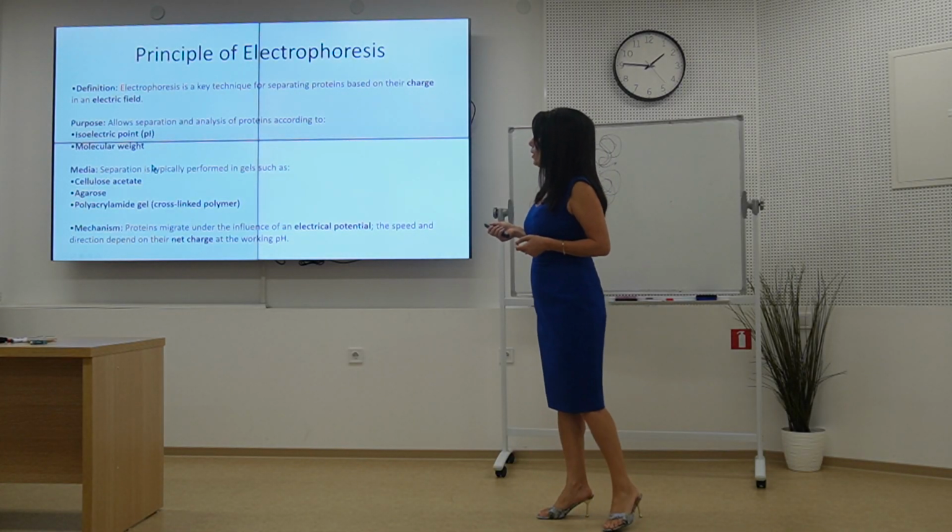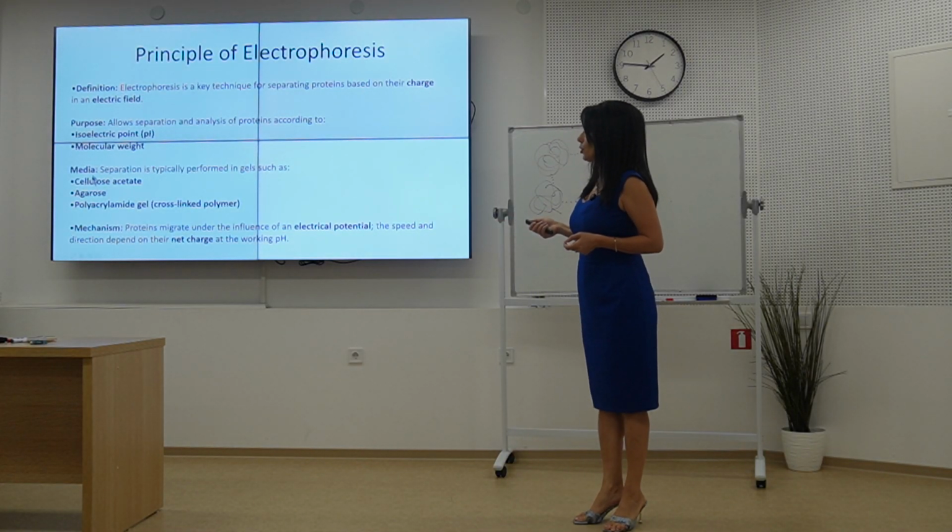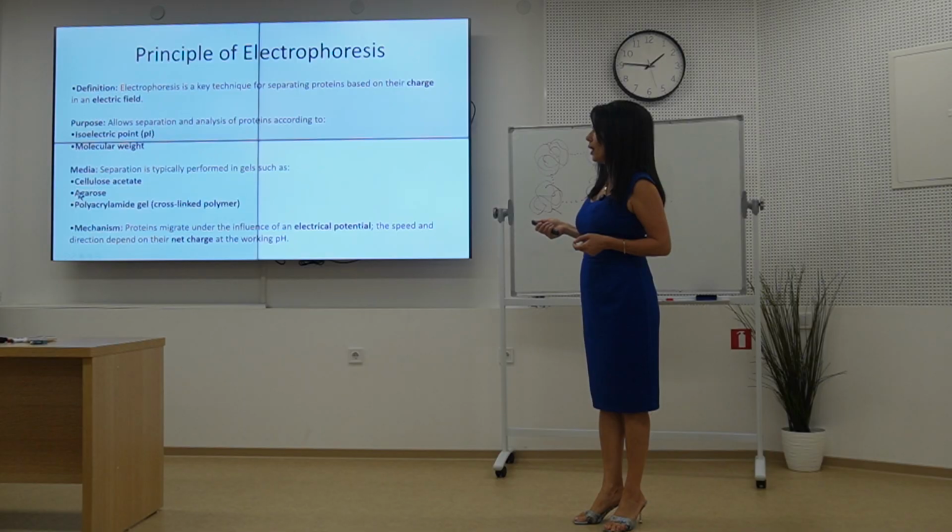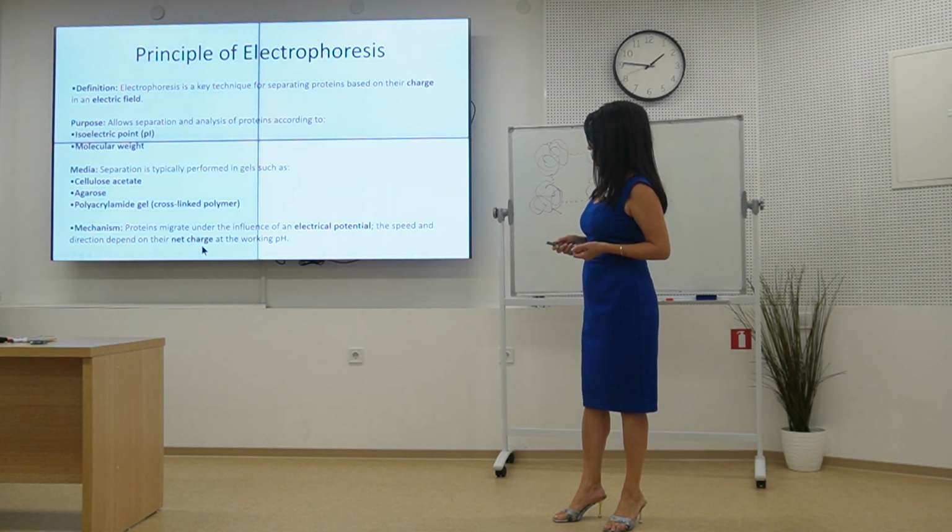They can be separated in gels such as cellulose acetate, agarose, or polyacrylamide gel, and proteins migrate under the influence of electrical potential. The speed and direction depend on their net charge and pH.